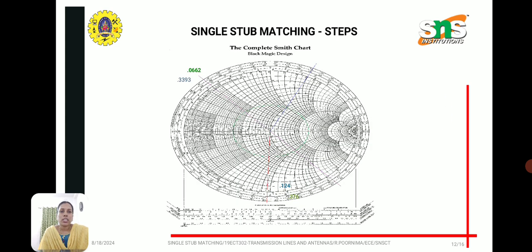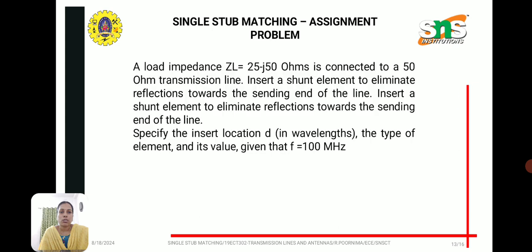We can see this in single stub matching using the Smith chart. Here the admittance value is calculated as 0.45 plus j0.366, the input admittance is calculated as 1 plus j0.96, and the load impedance value is calculated as 1.33 minus j1.067.